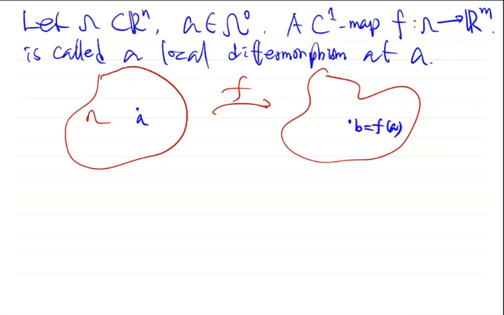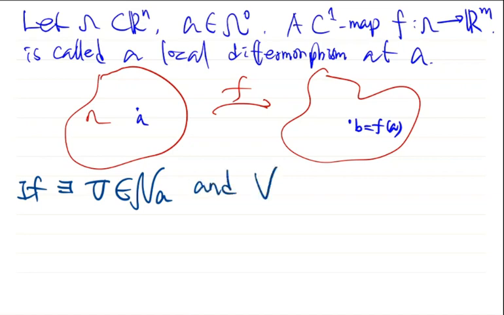So when we call such an F a local diffeomorphism, the condition is that there exists an open neighborhood of A, which in our notation we can write this, and another open neighborhood of B, that is another open set containing B. But these two families, N_A and N_B, are the families of open sets in Rn and Rm respectively, so to distinguish this, we might add a dimension here.